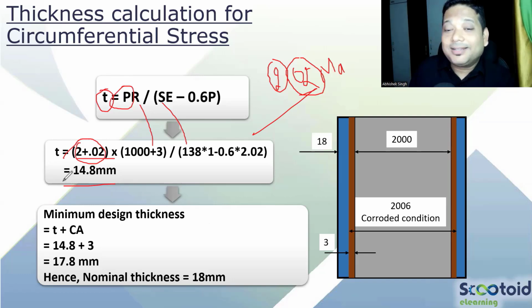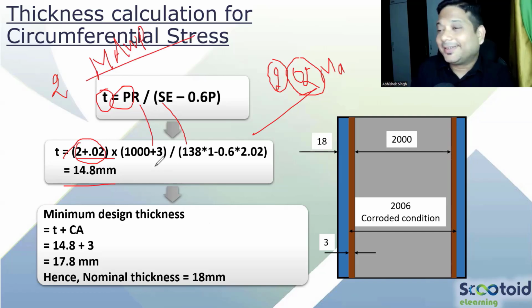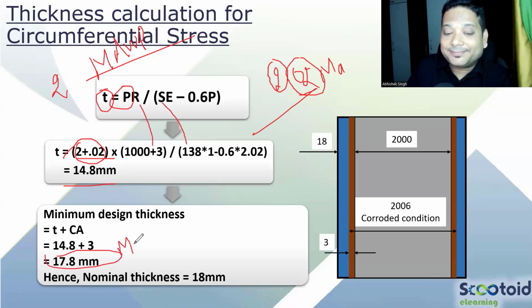So can I call this 2 MPa the maximum allowable working pressure? Can I say that? I'm considering I have got a 17.8 mm plate, and I'm making my vessel using a 17.8 mm plate.